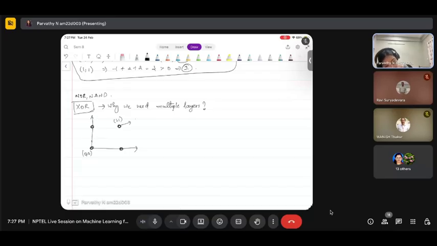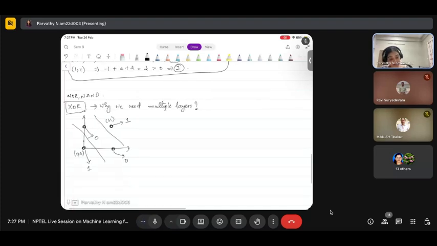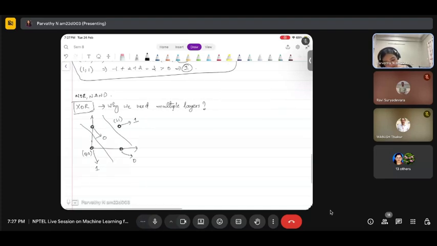So this will have a value in the XOR gate of 1 and this also 1. But this and this have a value of 0. So you cannot draw a line that separates these points into two different classes. So that is why we need multiple layers.